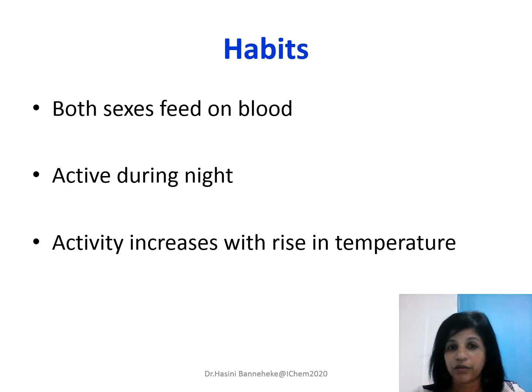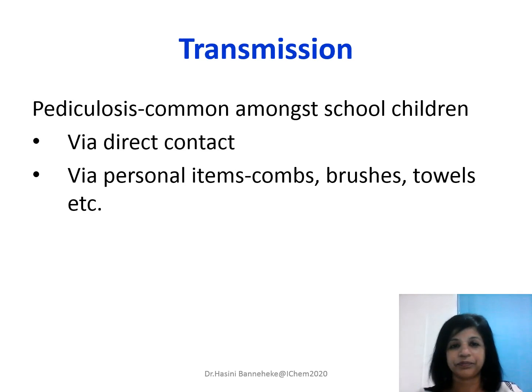So when we talk about the habits, both the male and the female feed on blood, and generally they are more active during night time, and also their activity is more when the temperature is higher, when we are sweating, or we are in a warm environment. And how do humans get the disease?